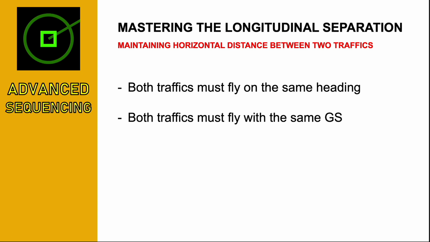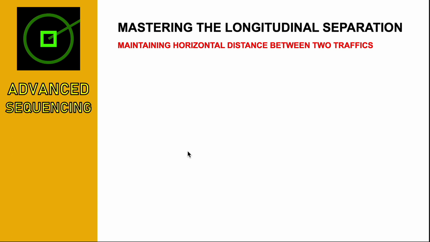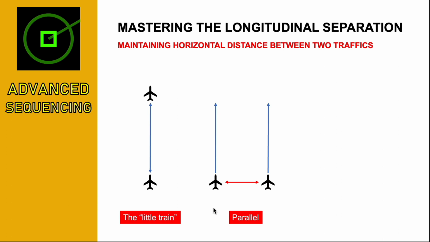So if they're flying on the same heading and at the same speed, the distance is for sure going to be maintained. So in this situation, you see this concept of the little train, let's say like this. Both traffics are flying on the same heading at the same ground speed. So therefore, the distance is maintained. In this same situation, both traffics are flying on the same heading at the same speed.